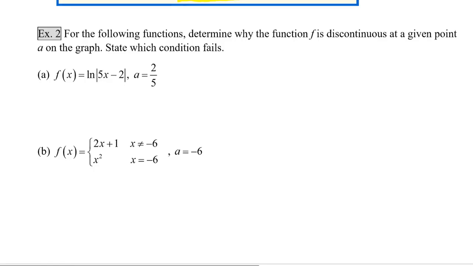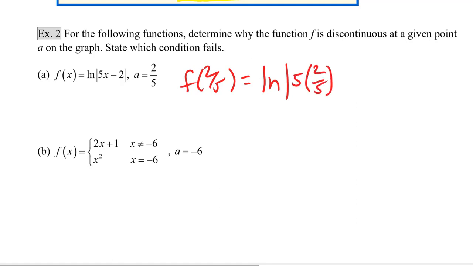Example 2, for the following functions, determine why the function f is discontinuous at a given point a on the graph. State which condition fails. So the first thing we always do is we evaluate f of c, or in this case f of a, and see if the function exists at that point. So for part A, I'm going to evaluate f of 2/5, and that's equal to the natural log of the absolute value of 5 times 2/5 minus 2.